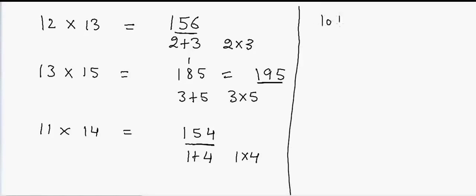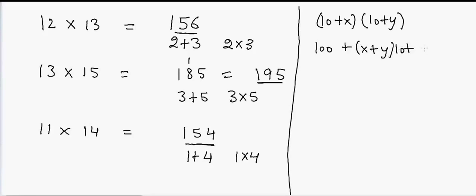If we have 10 plus x and then 10 plus y, so we are taking 10 as a base, and these numbers are close to 10. So in that case, if we solve this, it will be equal to 100 plus 10 times x plus y, plus xy.